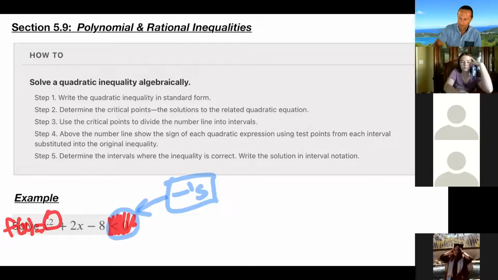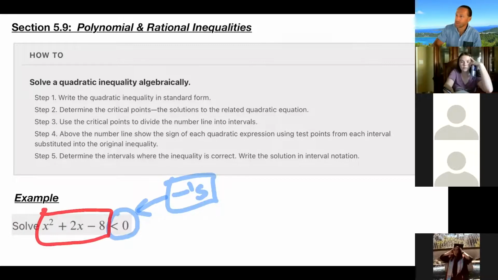And this is our quadratic functions, those parabolas. That's virtually what we're dealing with here. But what do we always like these equations to be equal to? Beautiful. The only problem is we like them to be equal to 0, not less than, not greater than, or less than or equal to, or greater than or equal to. We like them equal to 0 because we know how to solve that, don't we?